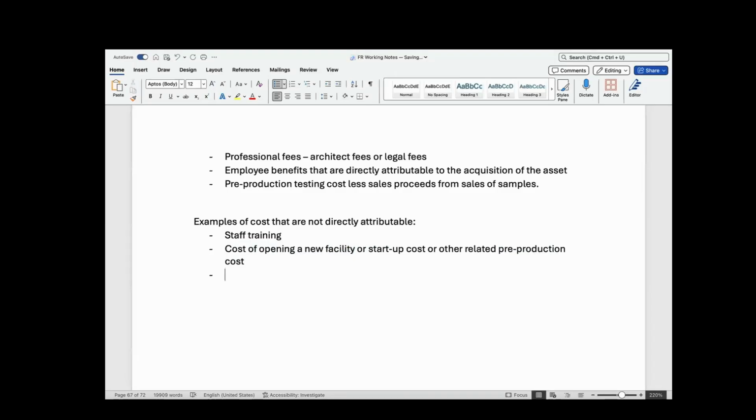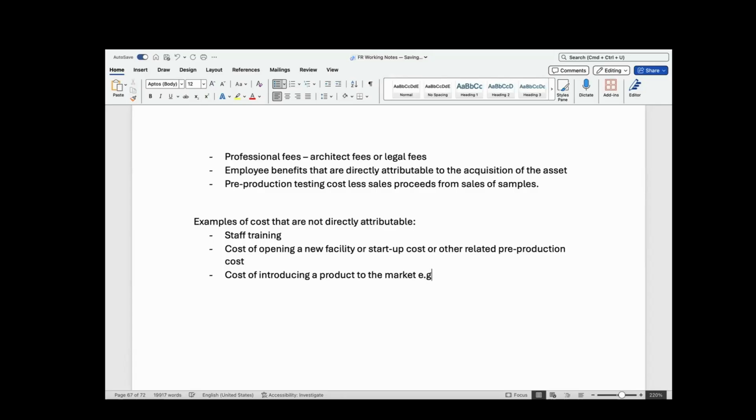Or the costs of introducing a new product to the market. Probably you have produced, you are now incurring some costs to get the product to the market.